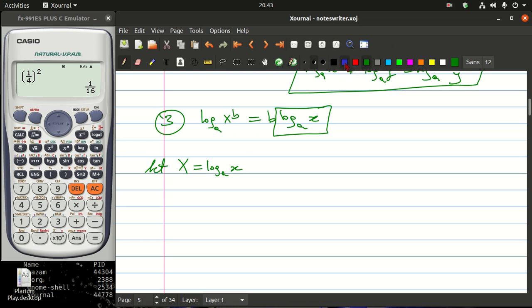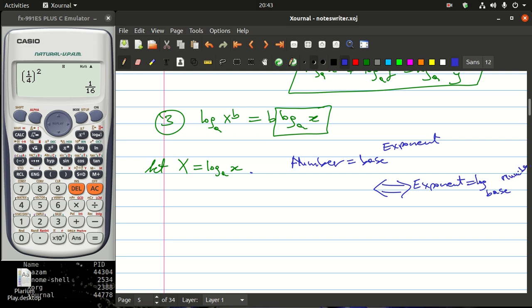Again, our very first principle is that whenever we have a number equal to a base raised to an exponent, this is the same as having an exponent equal to log base a of the number, right?